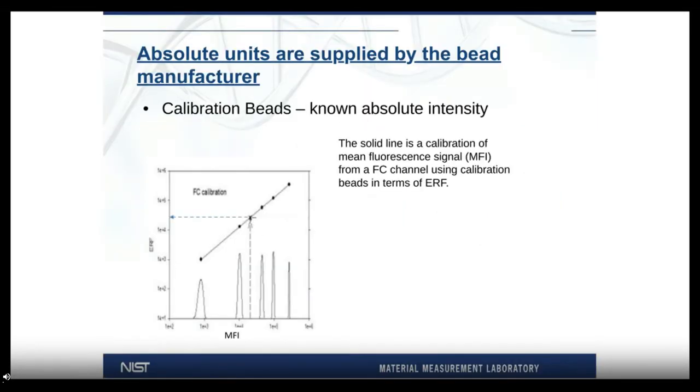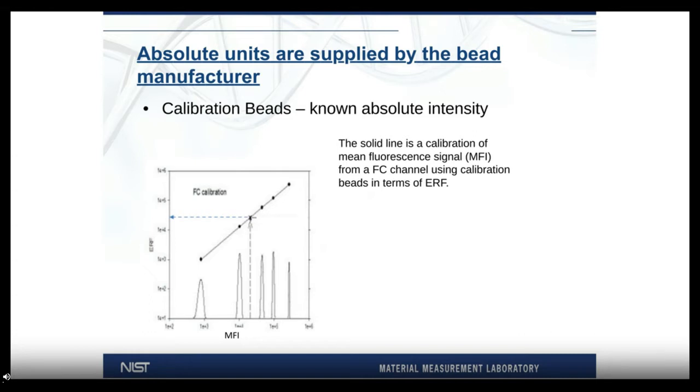If we take the group of those and we graph them, so we're measuring the MFI value on our particular instrument, we're putting it on an absolute fluorescence intensity value shown on the y-axis, which in our case, NIST is assigning ERF values, which stands for equivalent reference fluorophore units.